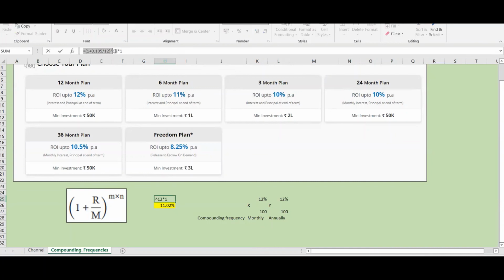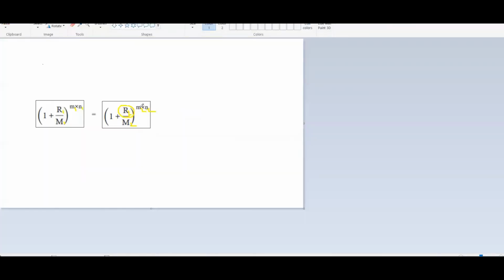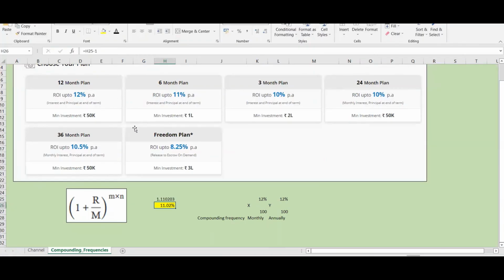If I had to write this also, this will not make any difference. But for you to compare this formula with this, this is a way you can compare. So what I have done, I have calculated the left hand side, and on the right hand side it is annual, so I have punched in the 12. Basically over here m is 1 because compounding will happen only once.